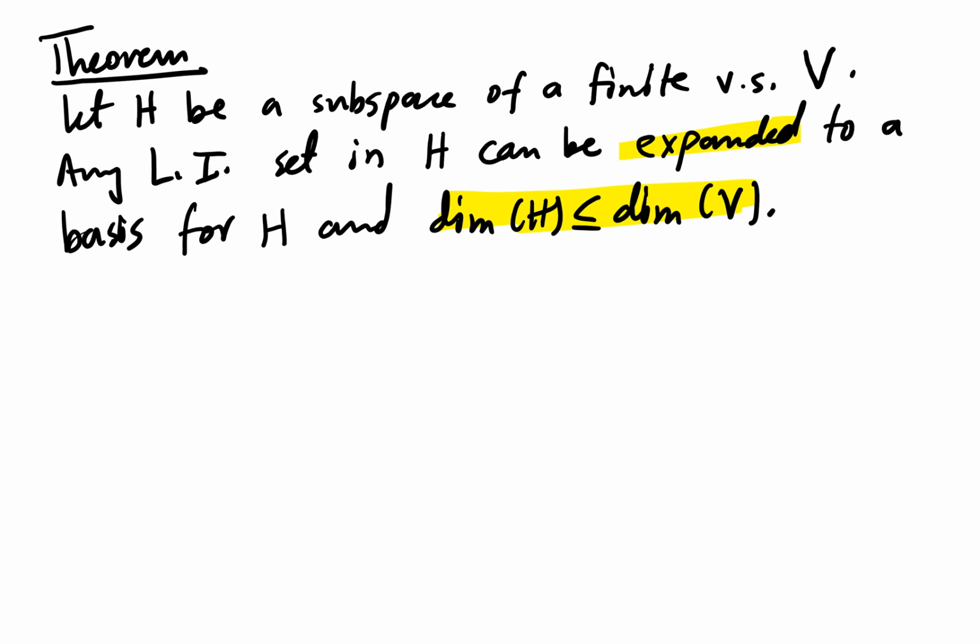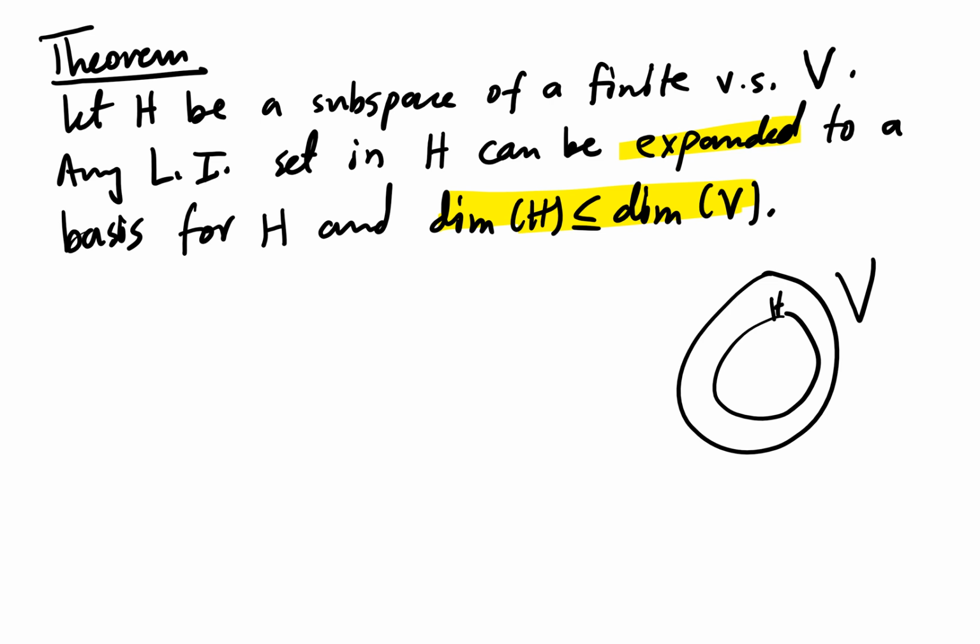I'm not going to show you the official or formal proof of it, but I want to talk a little bit about it, not just state it. So let's say this is a vector space V, and there is a subspace H sitting inside it.